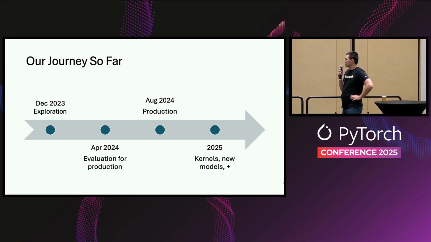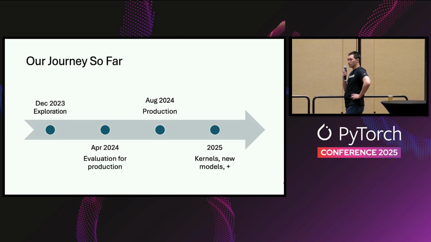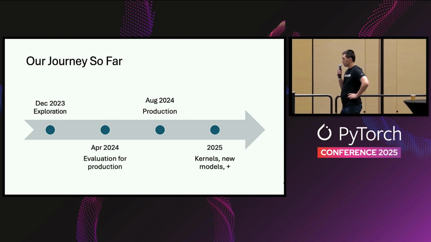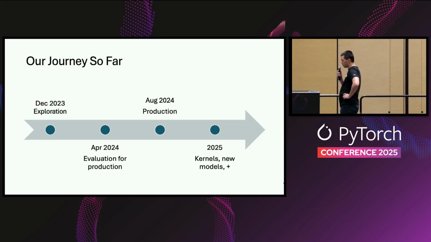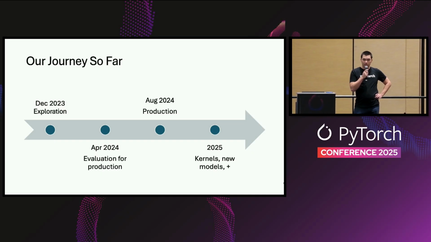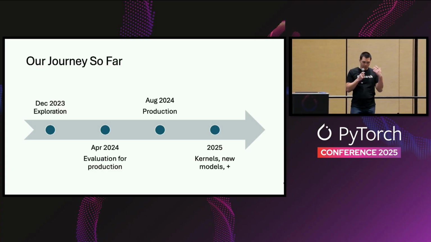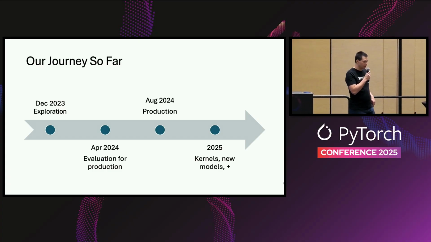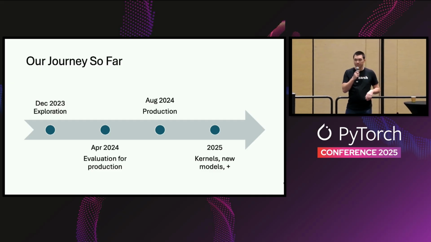I'll go into some more details about how those production runs went and all the really nice performance features of TorchTitan that we found in those runs. And I'll then stop with some reflections on what's changing recently and where TorchTitan is going, the things that we're excited about with TorchTitan.